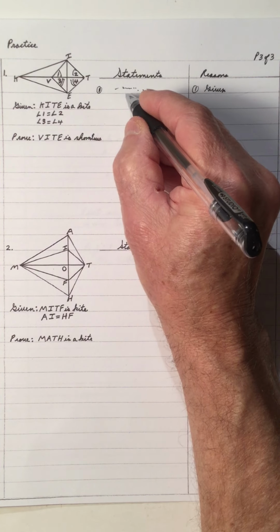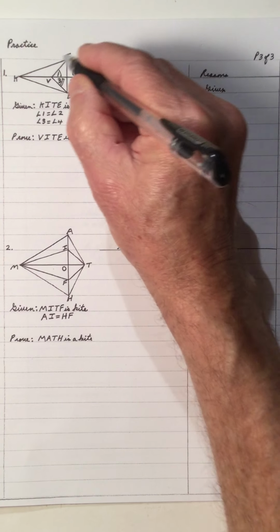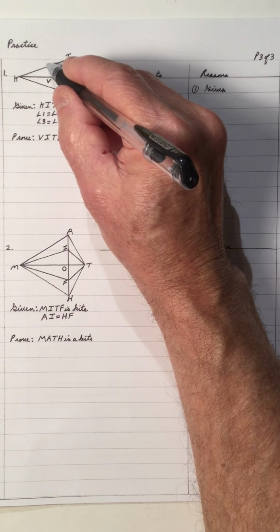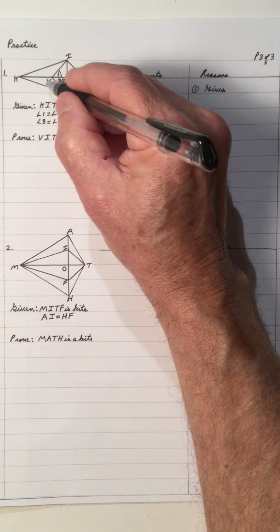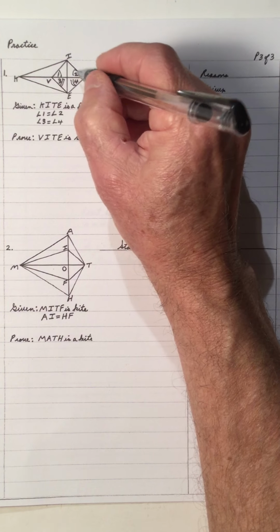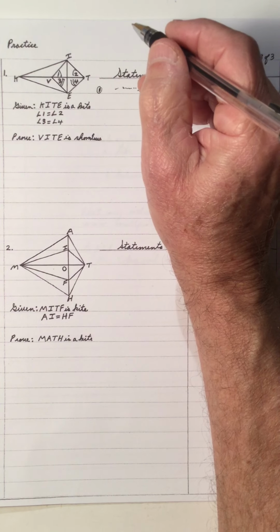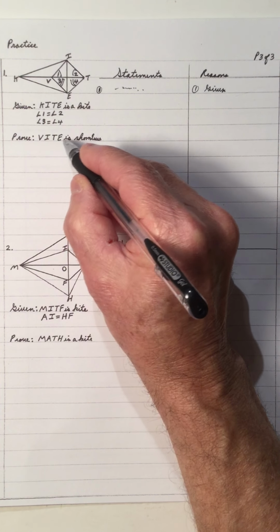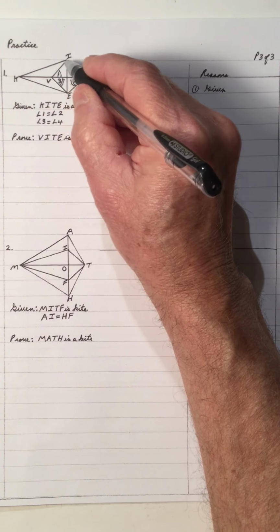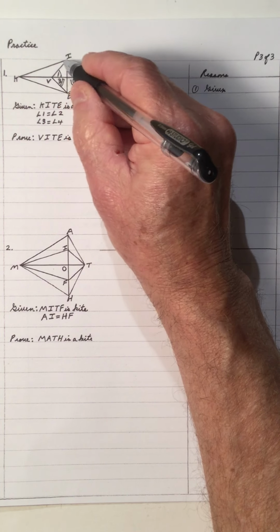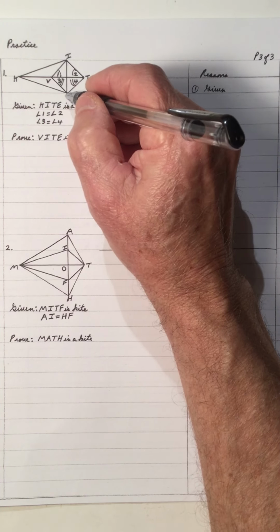Now we have a kite, and a kite has the adjacent sides equal, so IK equals EK and TI equals TE, but we're trying to prove that VITE is a rhombus. And a rhombus has all sides equal.